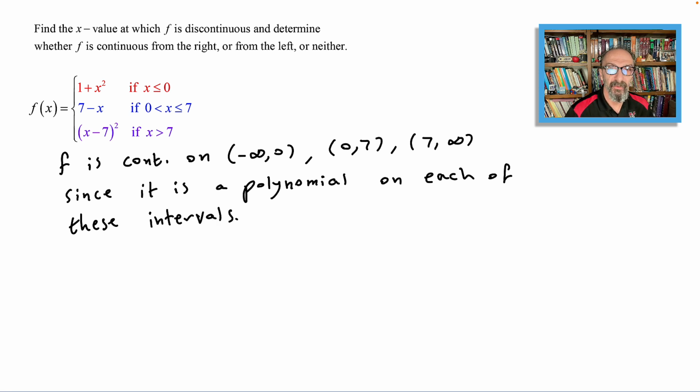So they are continuous while they are in the open interval, each piece of them. Now we need to consider the endpoints, which is, as you could see from the graph, 0 and 7. That's what we need to worry about or discuss in detail.